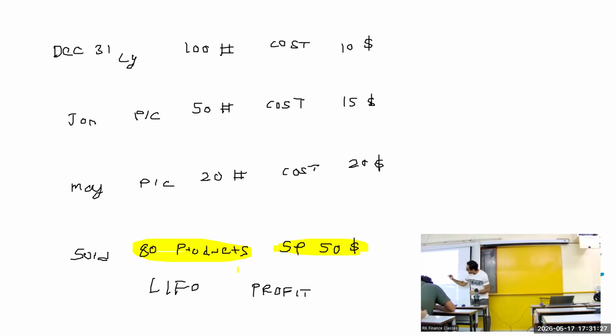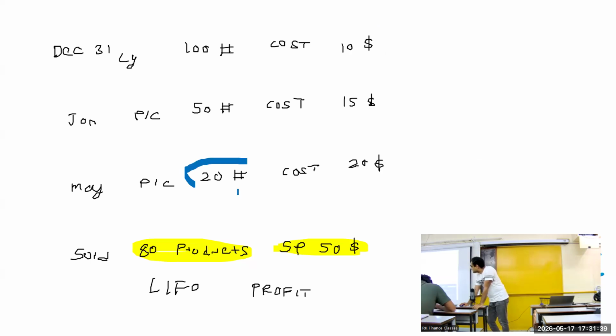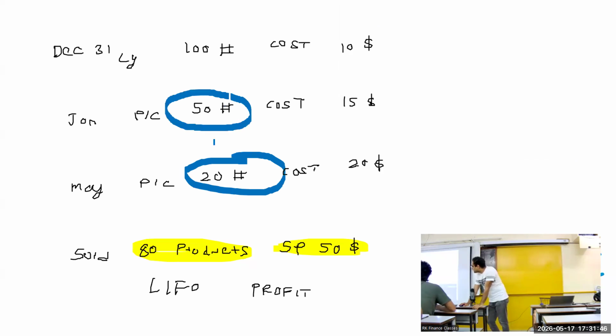Okay, so May, लेकिन May में तो सिर्फ 20 परचेस है, हमें तो 80 बेचना है. So first we are going to exhaust this. अभी भी 60 बचा है. Then we are going to exhaust this. अभी 20 plus 50, 70 हो गया. अभी भी 10 बचा है and that 10 we are going to take from here.